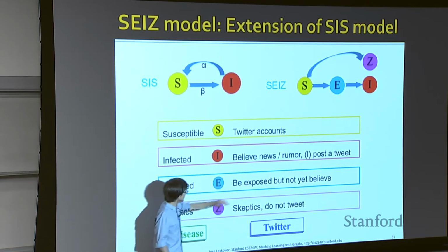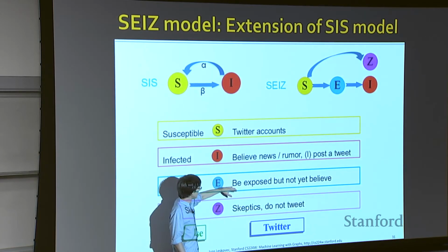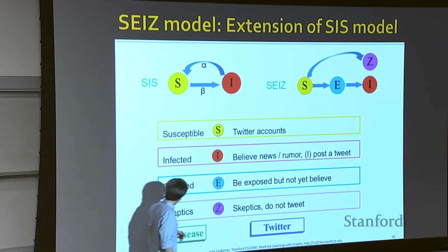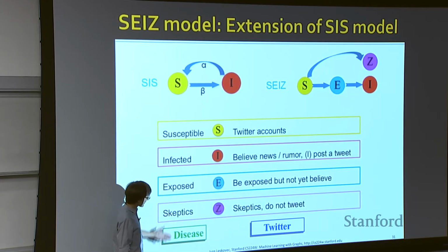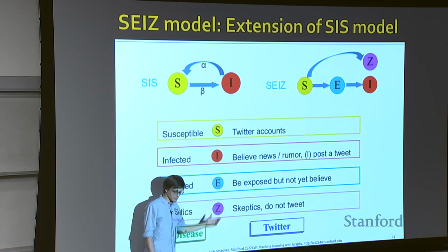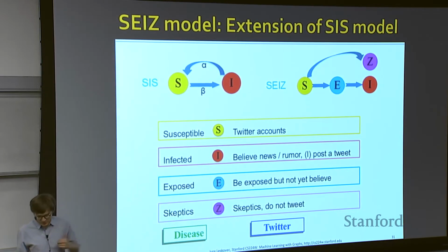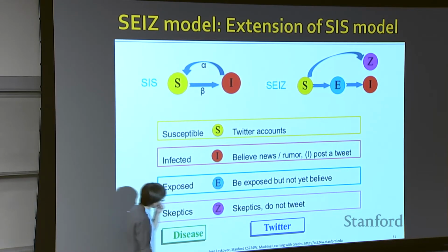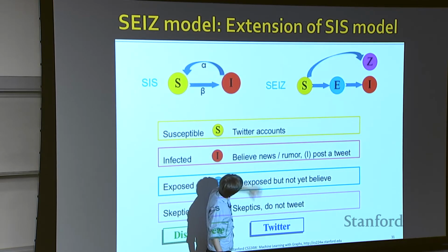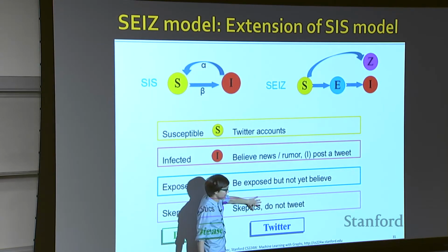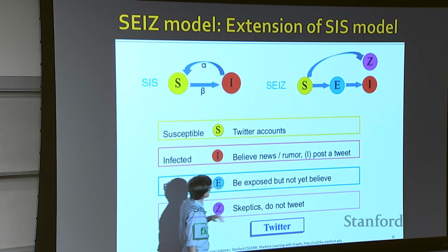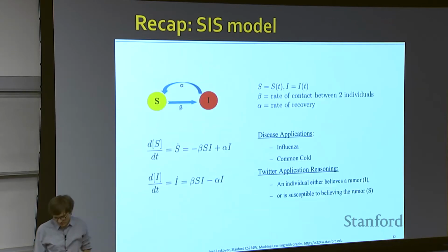Exposed means you were exposed to the rumor or to the news, but you don't believe it yet. And Z are skeptics, which are basically people who don't contribute to spreading the news or rumors, right? And we would like to model the spread of cascades on the Twitter network using this type of model.